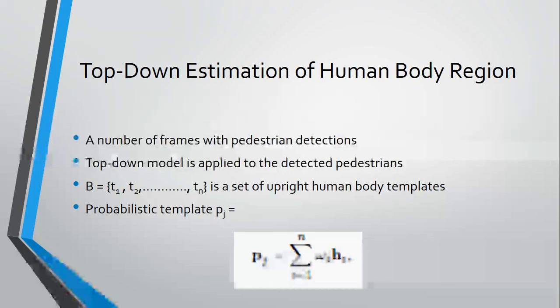At the jth pedestrian detection window selected for the top-down processing, we generate a set of multiple segmentations, and each of those segmentations is driven by a different template in the database. Each segmentation H corresponds to an estimate of the human region, and thus we derive the equation to obtain the probabilistic template Pj.